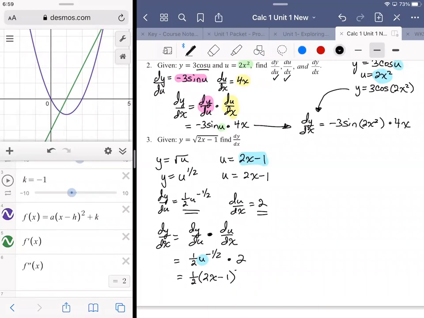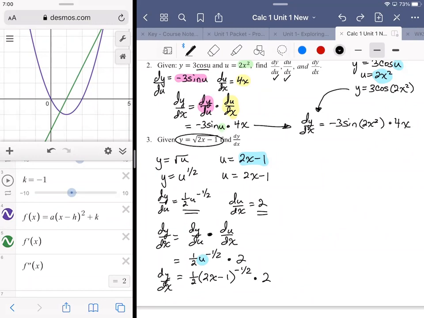2x minus 1 to the negative 1/2 times 2. And so that would be my derivative. Okay, so that gets us from here all the way to here in one shot. Or, it doesn't really do that in one shot, but that's what it would be in terms of the actual derivative.